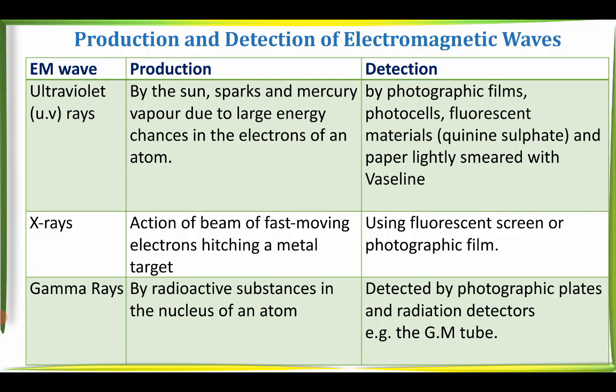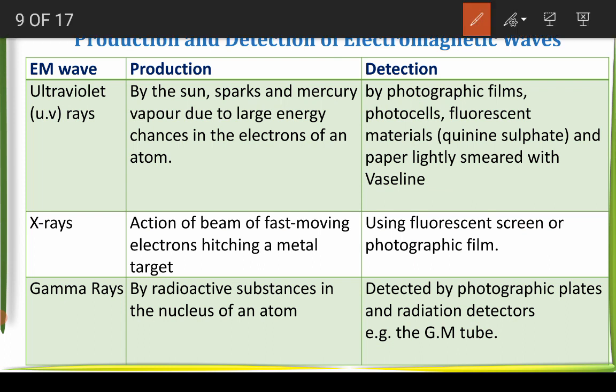All right, UV radiation. UV radiation, or ultraviolet rays, are also produced by the sun, sparks, and mercury vapor, due to large energy changes in the electrons of an atom. These can be detected by photographic films, photocells in solar panels, and fluorescent materials.